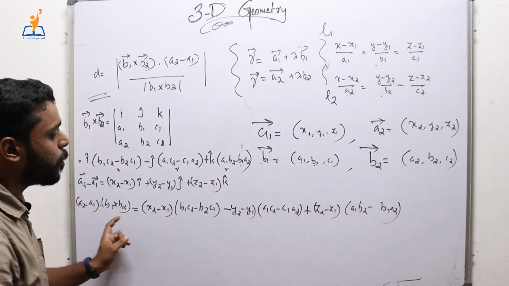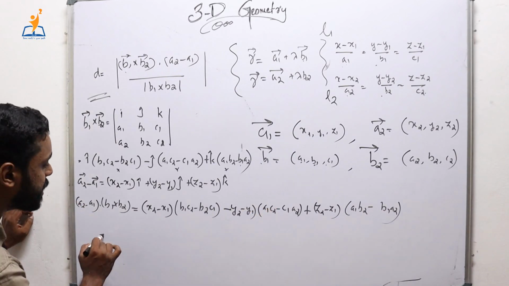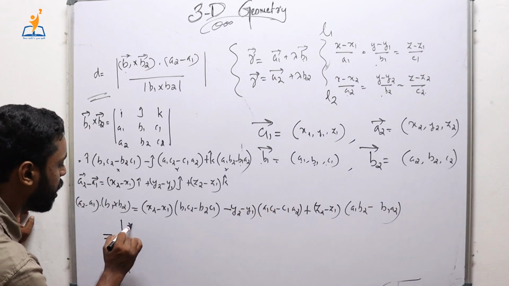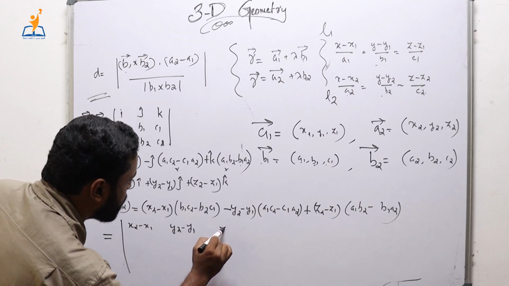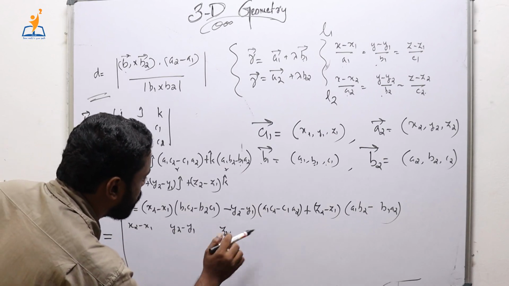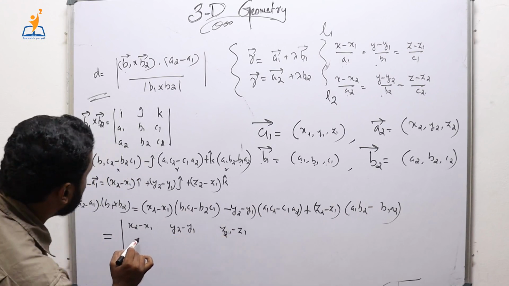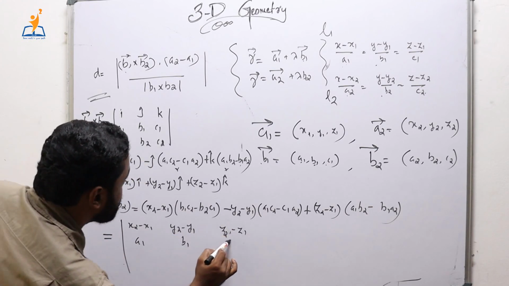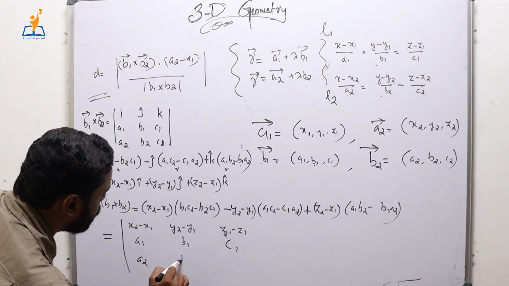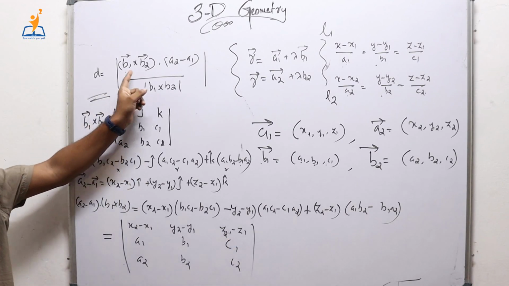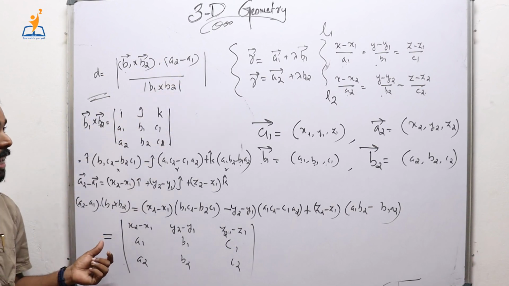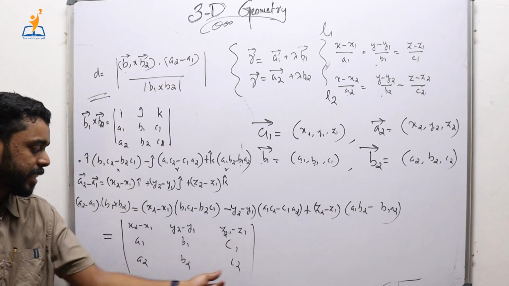Now you can easily observe that this quantity is nothing but the determinant with x2 minus x1, y2 minus y1, z2 minus z1, then a1, b1, c1, then a2, b2, c2. So b1 cross b2 dot a2 minus a1 is this determinant.